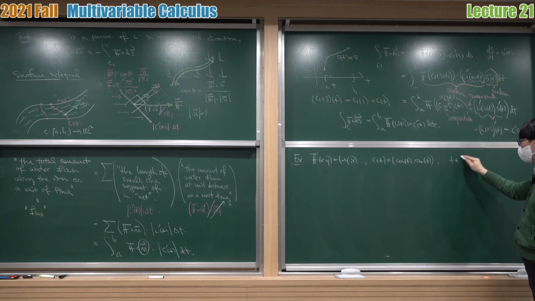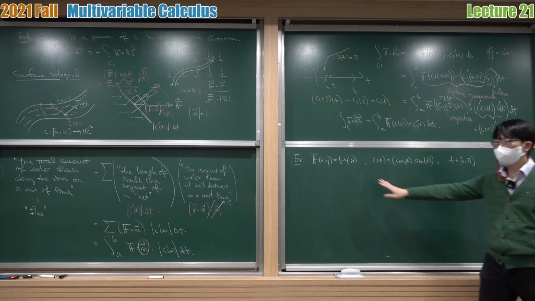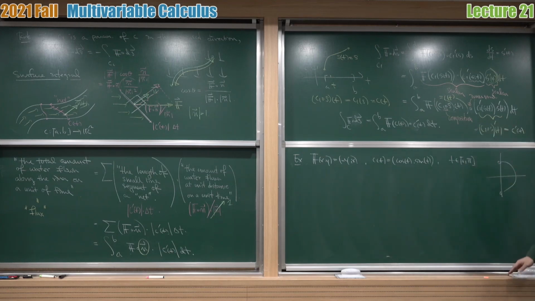I'm going to take t from 0 to pi. So basically I take the right hemisphere of the circle, and I'm trying to find out the flux of this vector field. That means how much particle is moving in this direction.